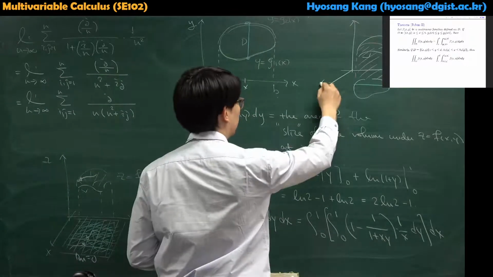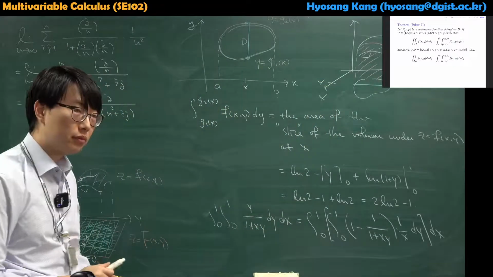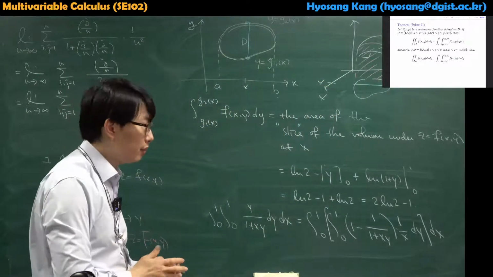So here's x, this is our x. Does it make sense?